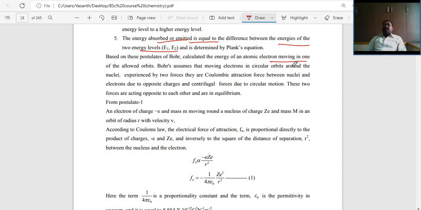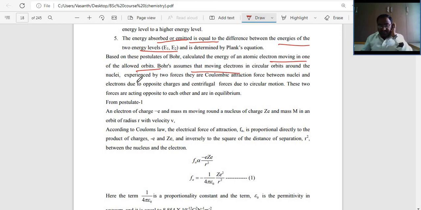Energy of an atomic electron moving in one of the allowed orbits. Bohr assumed that electrons moving in circular orbits around the nucleus experience two forces. They are the Coulombic attraction force between the nucleus and electron due to opposite charges, and the centrifugal force due to circular motion.